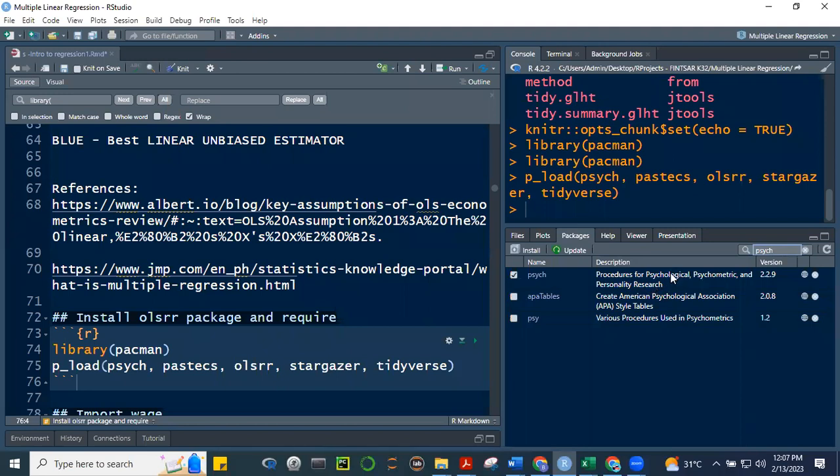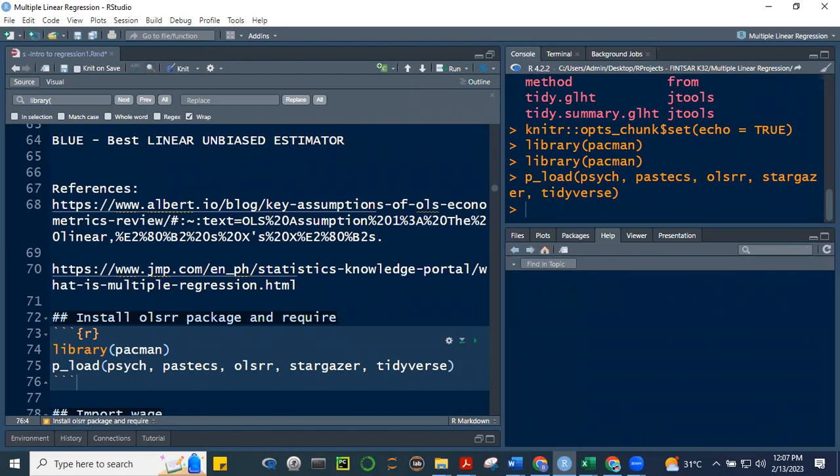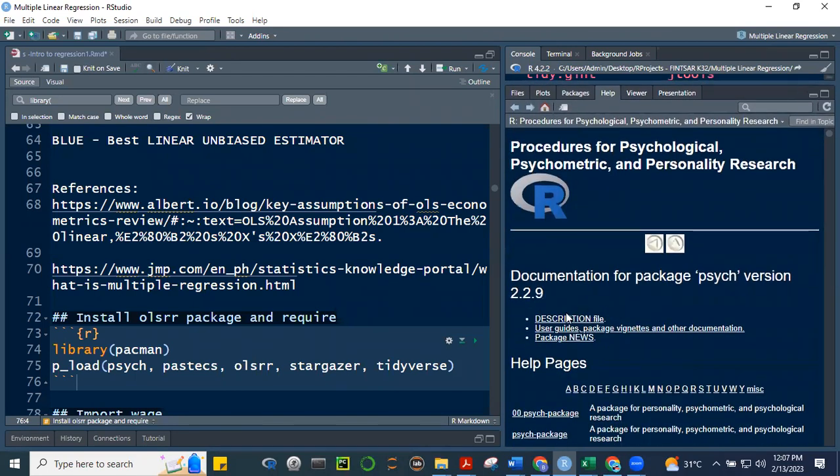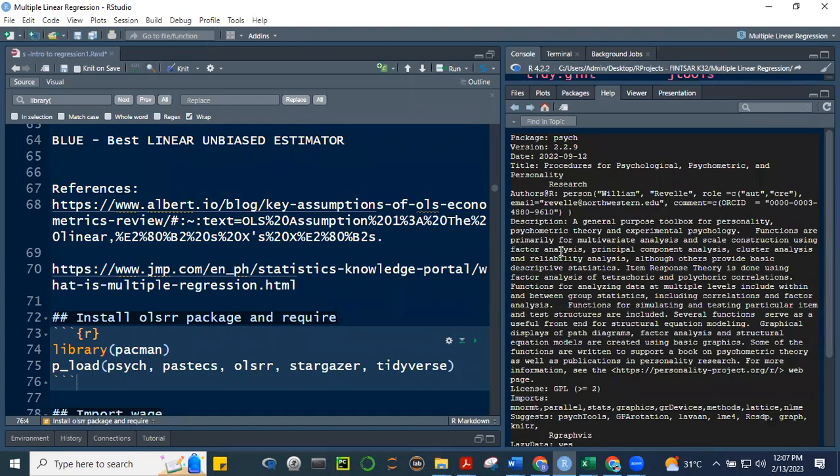So although psychology siya, pero maraming functionalities to for descriptive statistics. Okay. Tingnan natin. Description, that file. So, this was updated siya ng September 12, 2022.